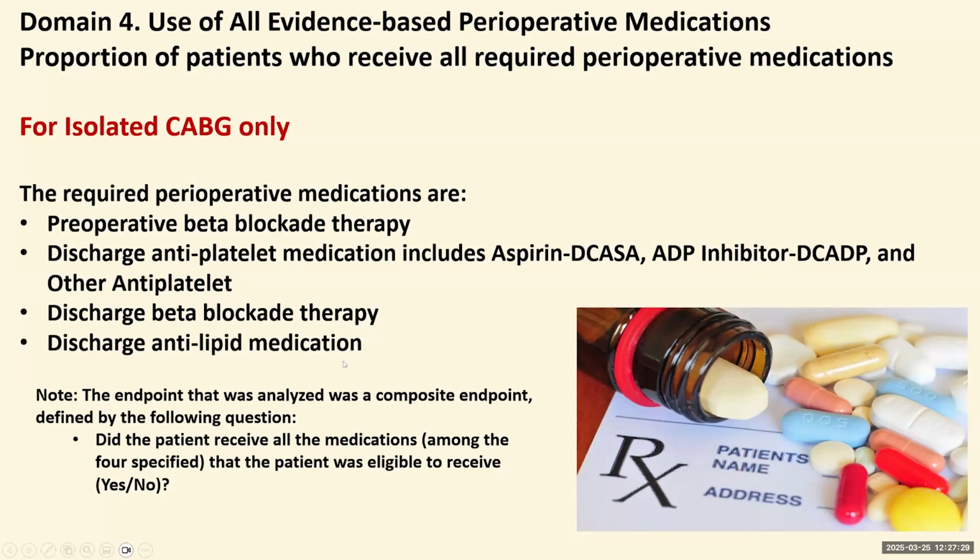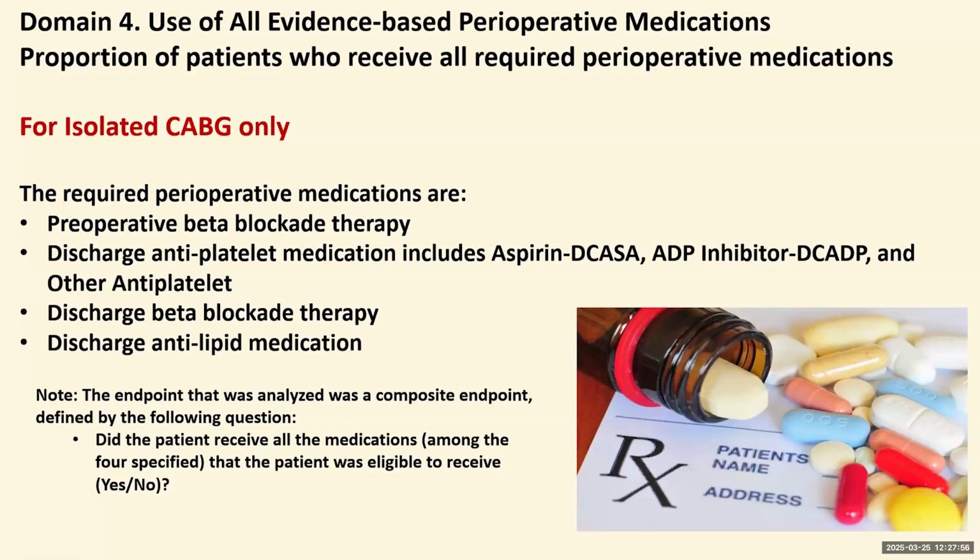We'll talk about that. The endpoint basically here is, did the patient receive all the medications among the 4? So it's yes or no. It's a combined measure. So if your patient received all of these, that's a yes. If they fell out of one, that's a no. We're going to break this down. We're going to go through these medications.